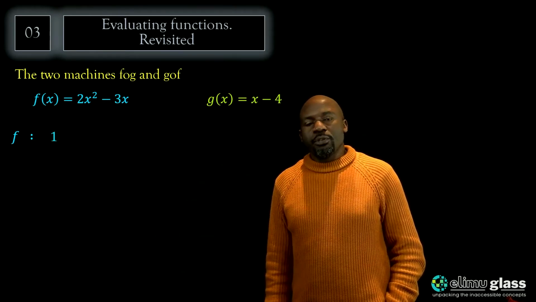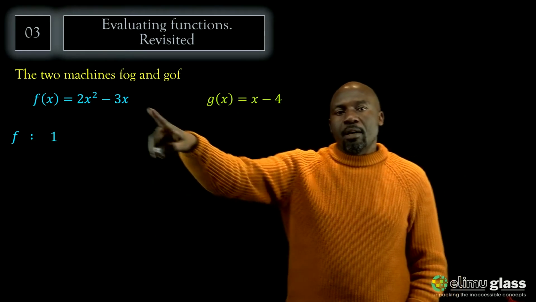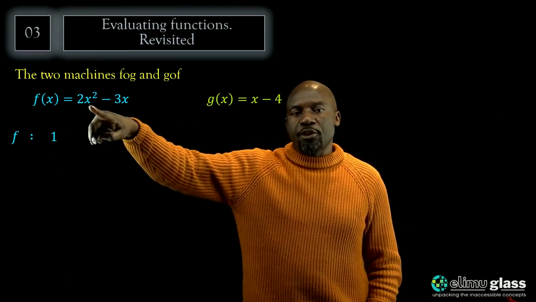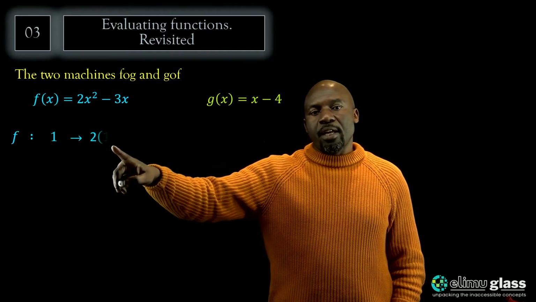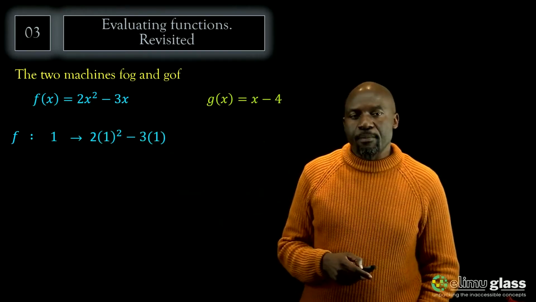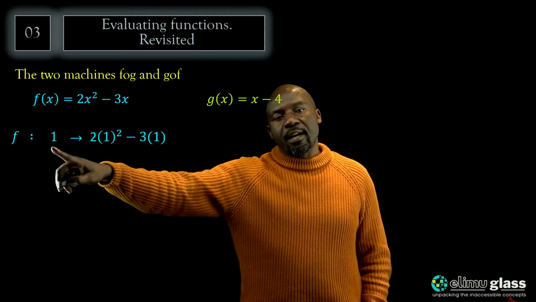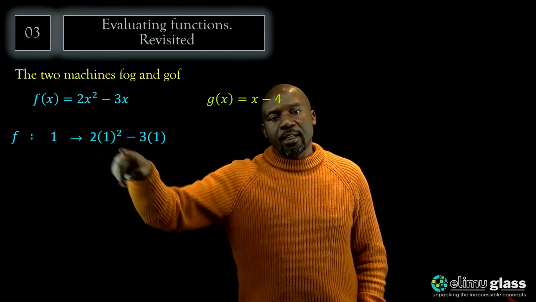So if the input is 1, we put that into this machine here, then we are going to end up with 2 into 1 squared minus 3, and that is going to be negative 1. So we can say that f of 1 is negative 1.